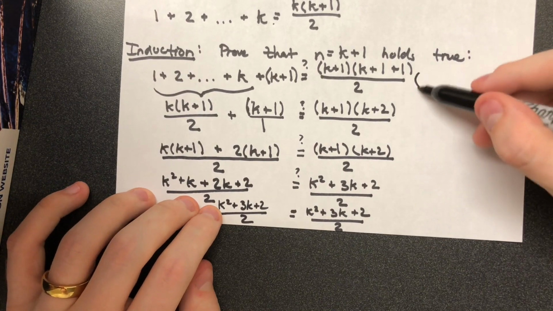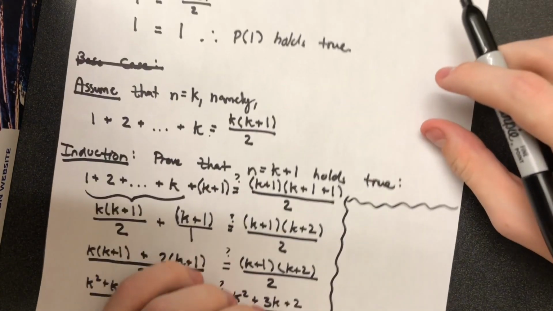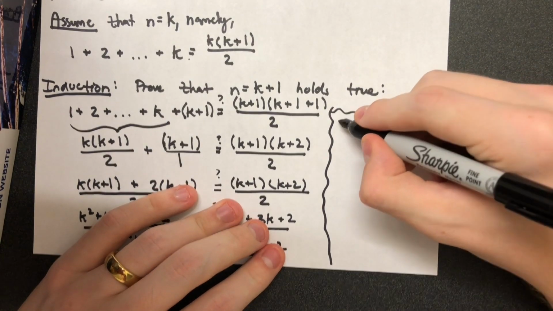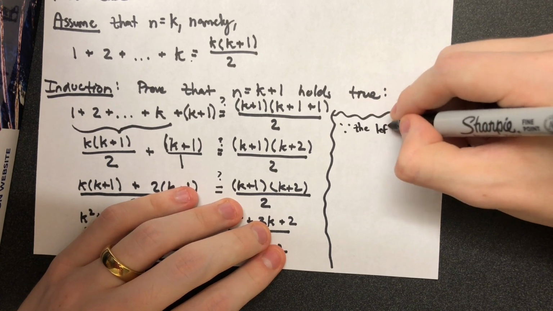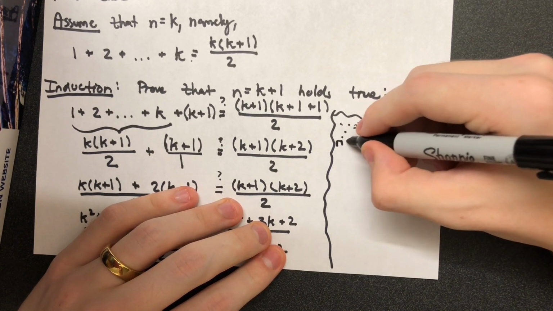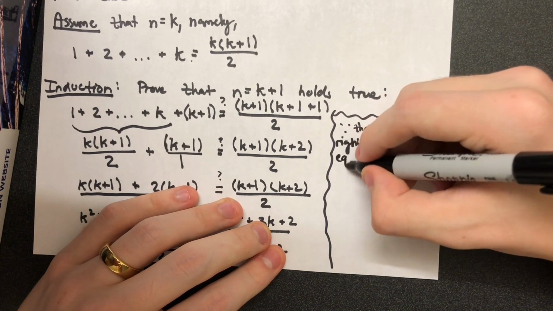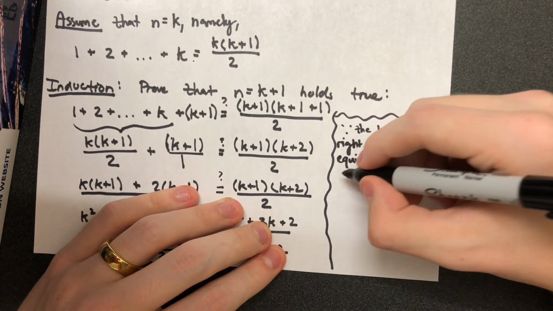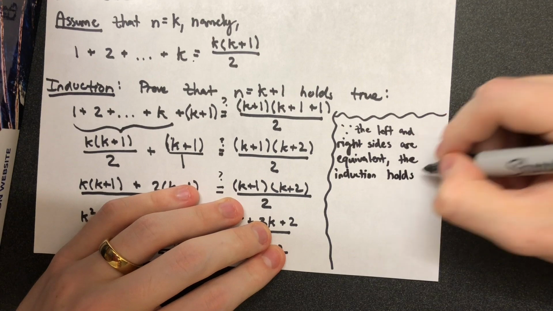And to formally end the proof, since we're running out of space, we'll just do it over here. We need to rewrite our original statement, and I guess we can write like this. So, because the left and right sides are equivalent, the induction holds true.